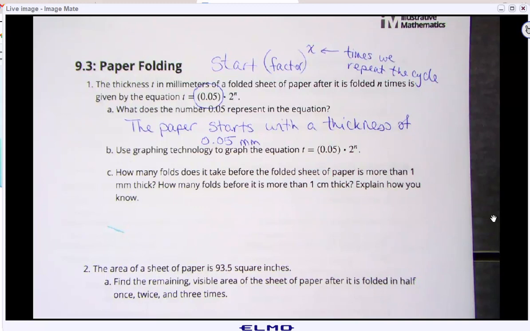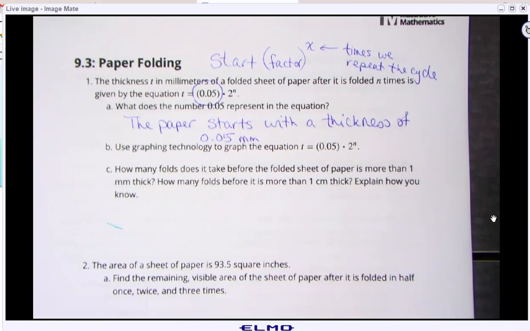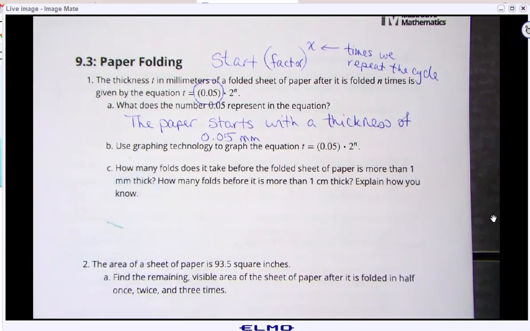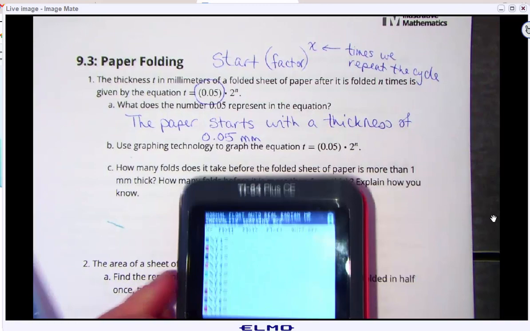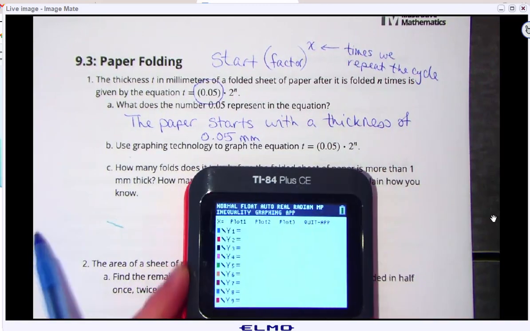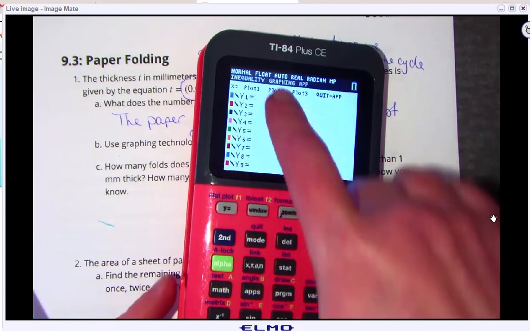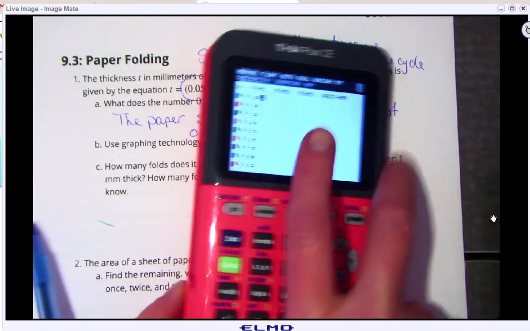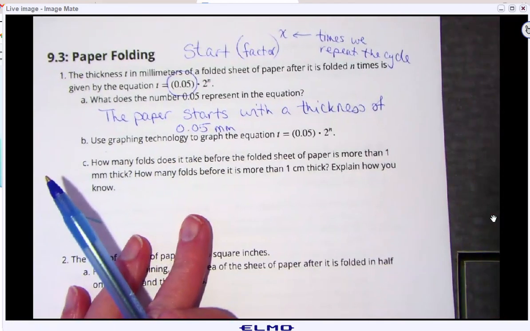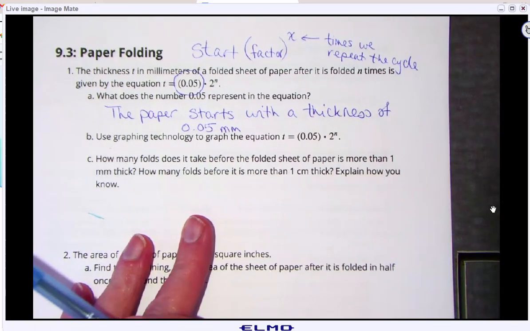I'll show you that because Desmos is what you're more likely to have with you right now, and we'll use Desmos to answer our questions, okay? On our graphing calculator, we could go to this y equals right here, and it will show us a graph a lot like Desmos, but I'm going to use Desmos.